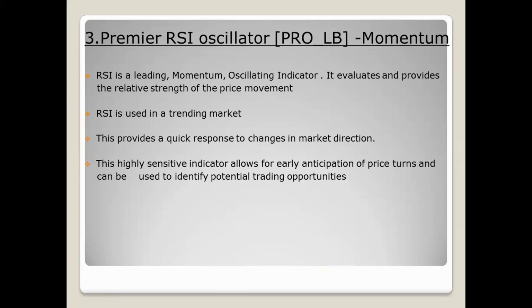Most of you must be knowing it. This provides immediate response to market movement. It's a very highly sensitive indicator and gives early anticipation of price movement which can happen in the future. We can use RSI for good trending opportunities.